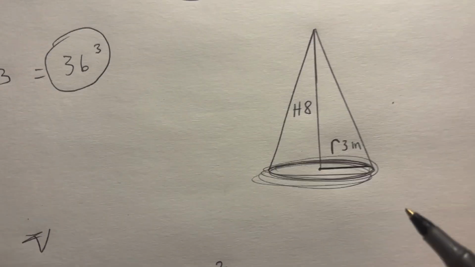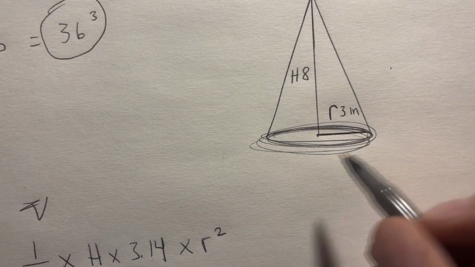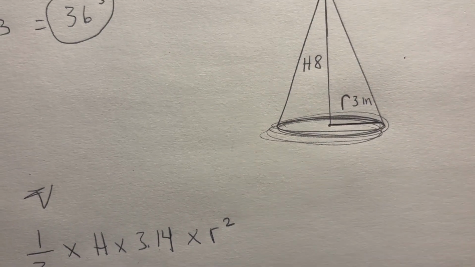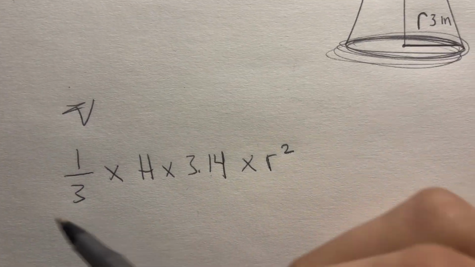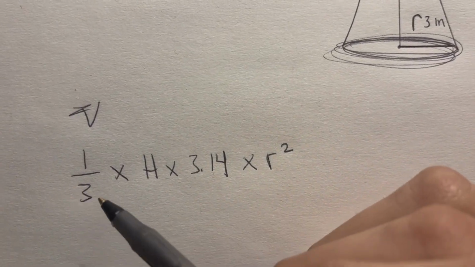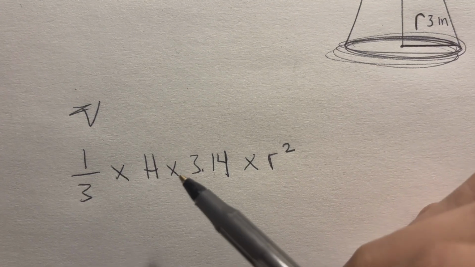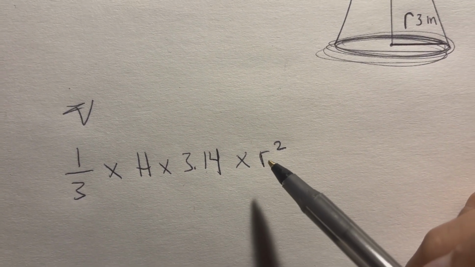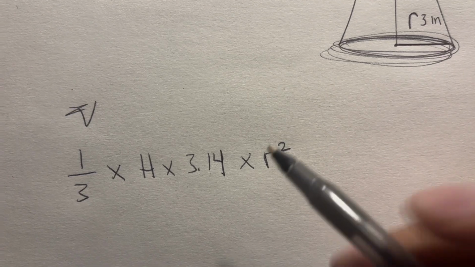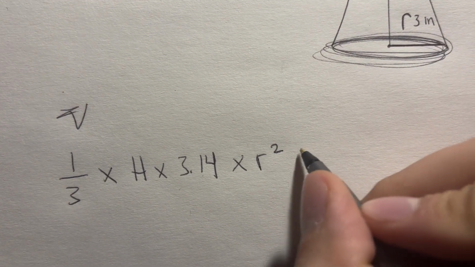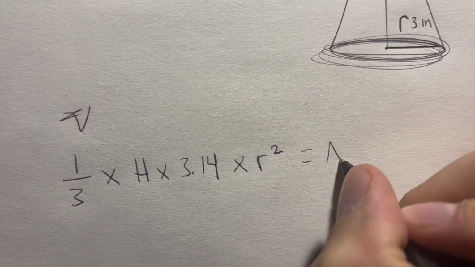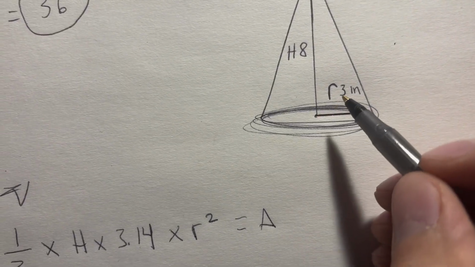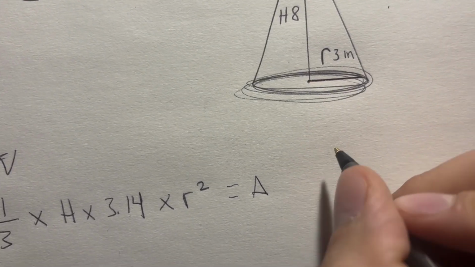Now we're doing a cone volume, so you have radius and height to determine this. And here's the formula: 1/3 times the height times pi, 3.14, times the radius squared equals the volume. So the radius is 3. 3 times 3 is 9.